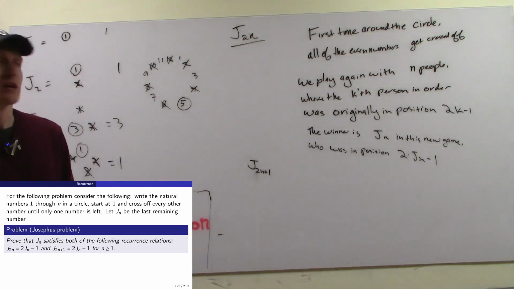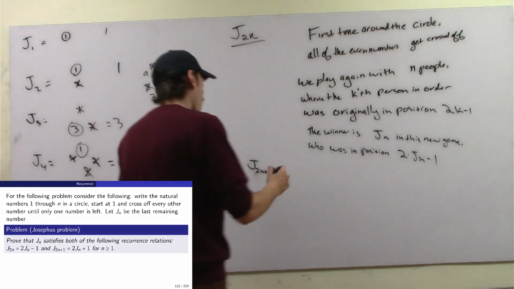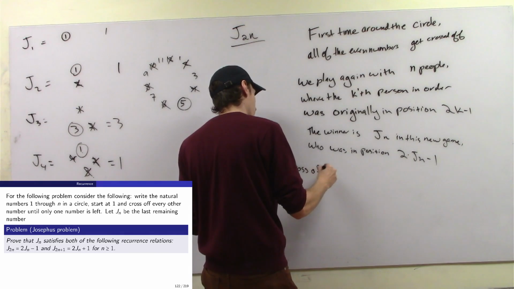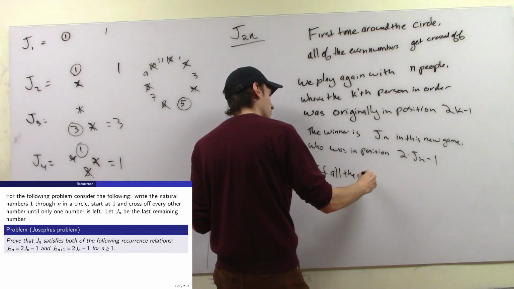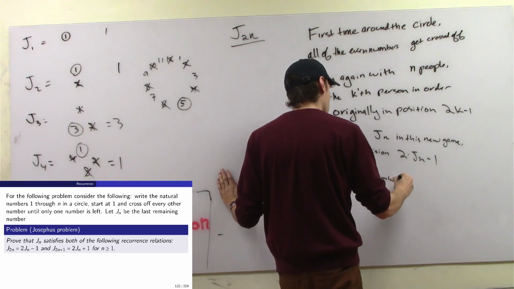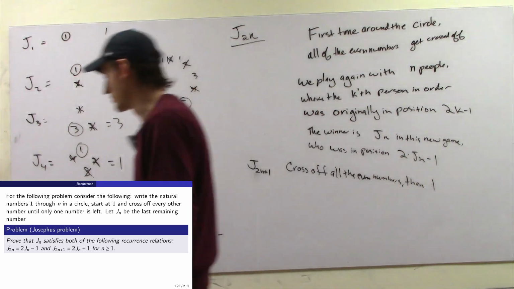So the idea here for J sub 2n plus 1: cross off all the even numbers, then 1. What does this look like?